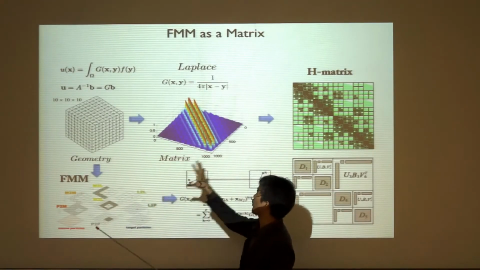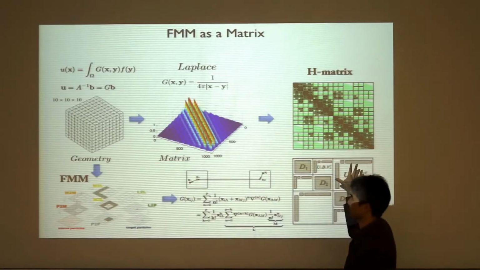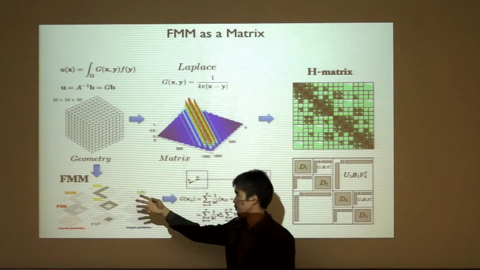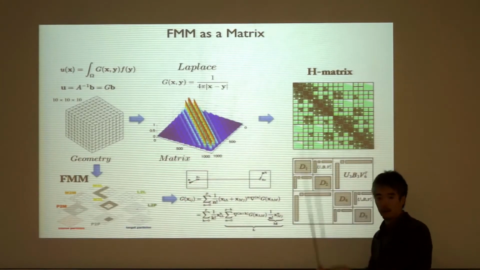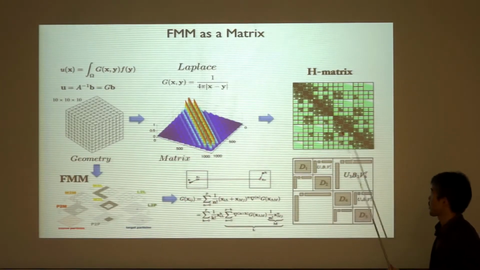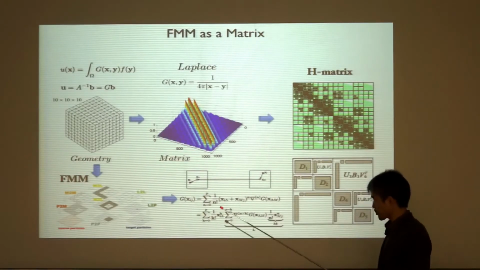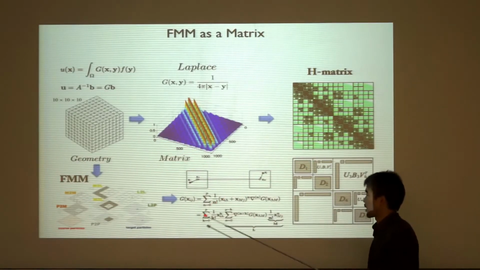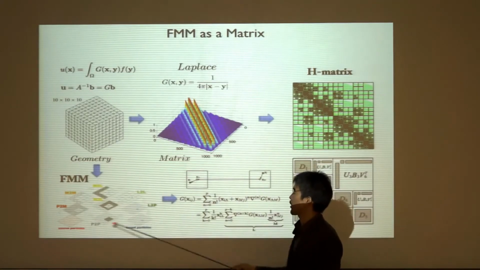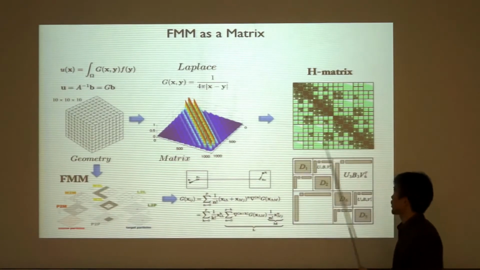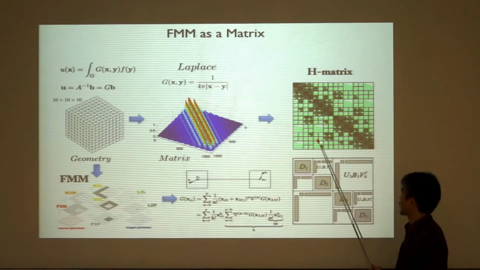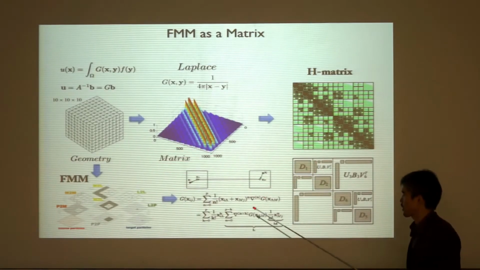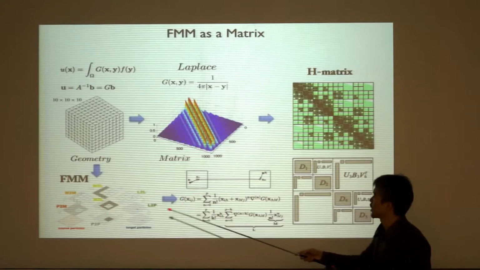It's good to know both sides, the matrix form and the FMM, the original geometric form, because you can map ideas back and forth, and you come up with many analogies. So the techniques that have been developed here, a lot of them are not used yet in this area. So there's still a lot that can be done.